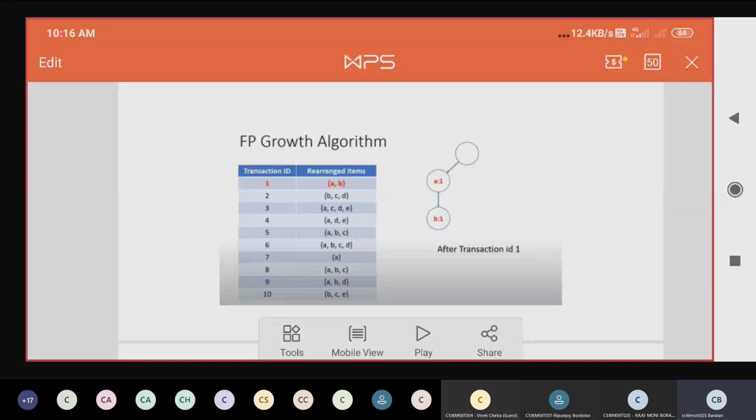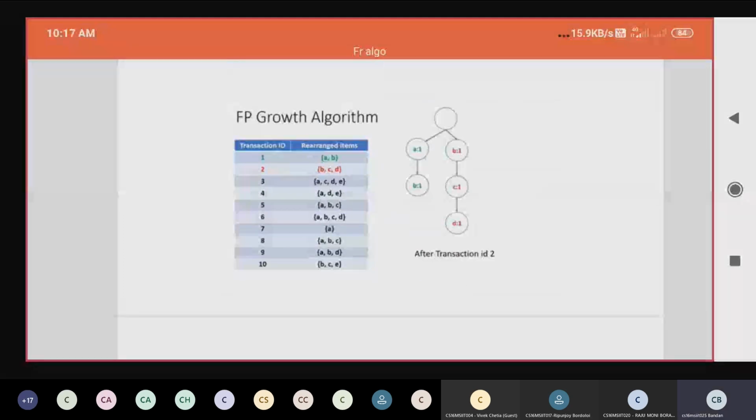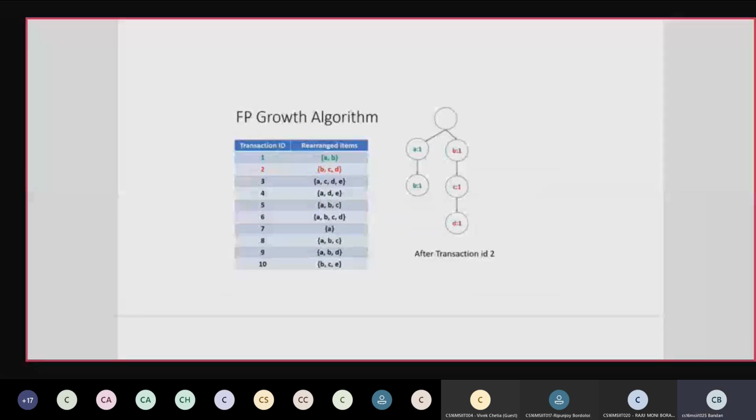The next is B, C, D. Then we have one more transaction, and you can see we are reusing the node A, because the third transaction A, C, D, E has A, which we already saw in transaction 1. We had seen A, B already, which is why A is common, so I will reuse this node to grow the tree from this point.